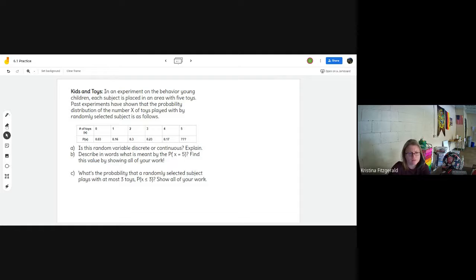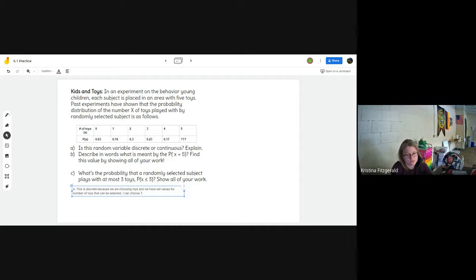Is this a discrete random variable or continuous? We have to think: are we collecting just one value, and then there's another option, and we're not thinking about anything in between, or are we thinking of all the possible values that could fall in between my different points? In this case, for part A, we would say this is discrete because we are using toys and we have set values for the number of toys that can be selected.